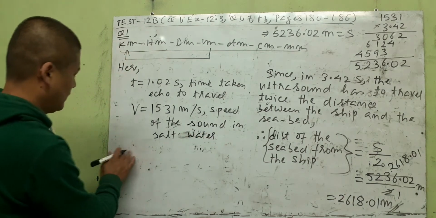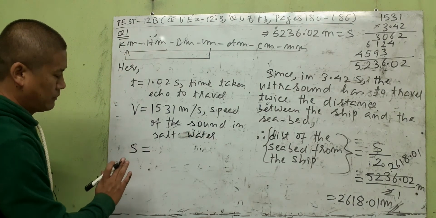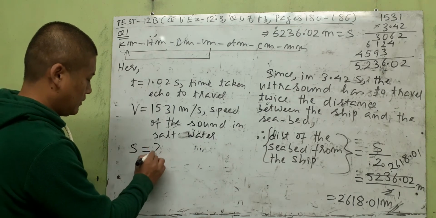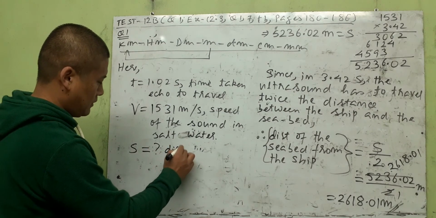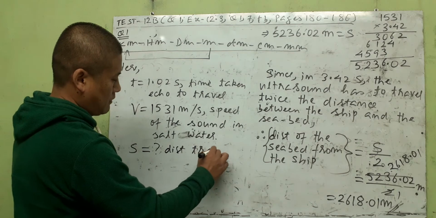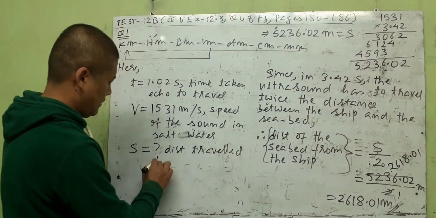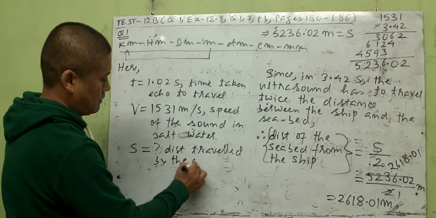Then we have to find the actual distance traveled by echo first. So S is the distance traveled by the echo.